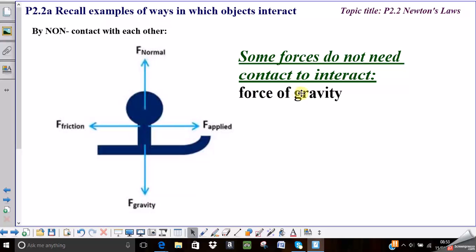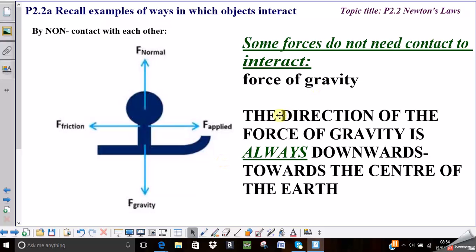Now, gravity attracts objects that are sitting on the ground, but it also attracts objects that are flying around the ground, or jumping, or flying like a plane, or something like a tennis ball in the air for just a short amount of time. So the force of gravity doesn't need contact to interact. The direction of the force of gravity is always downwards, because it's always oriented towards the center of the Earth. That's where we consider the pull of the Earth to be coming from. That's why the arrow on this sled for the force of gravity is going downwards.